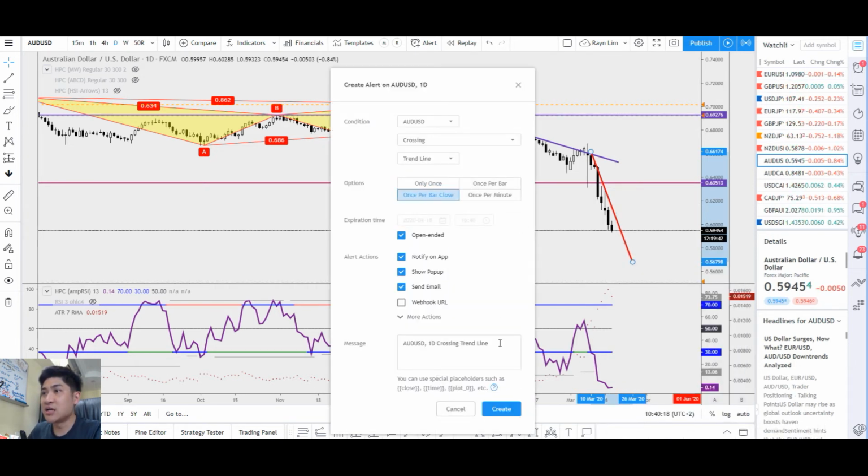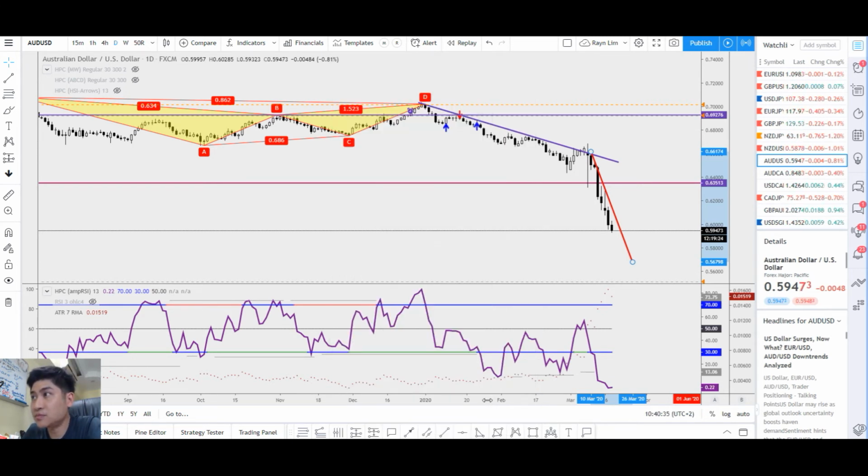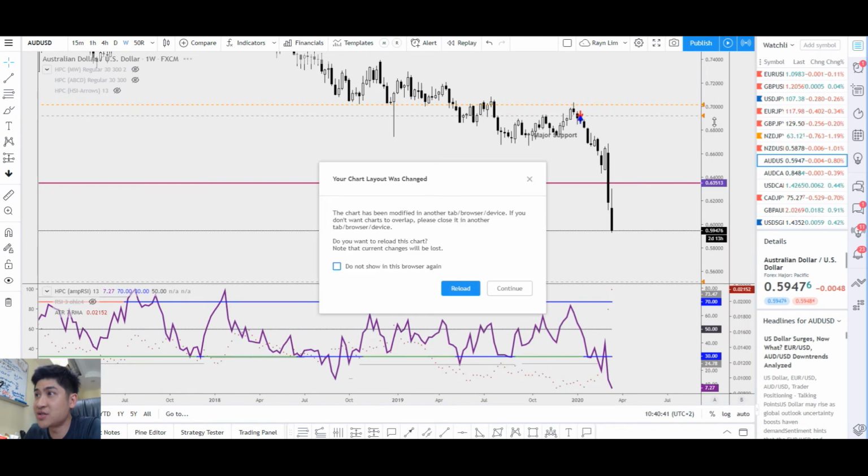We call this an accelerated trend line. Wait for it to break. See, 59 already. My target is 56. At 56 I'll be buying.